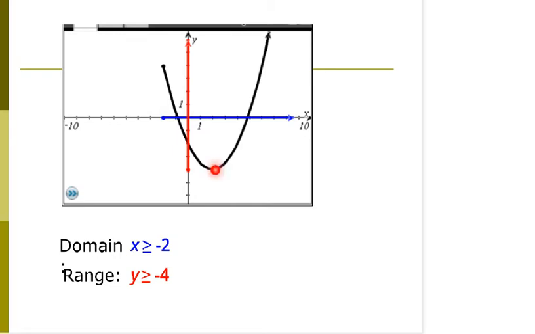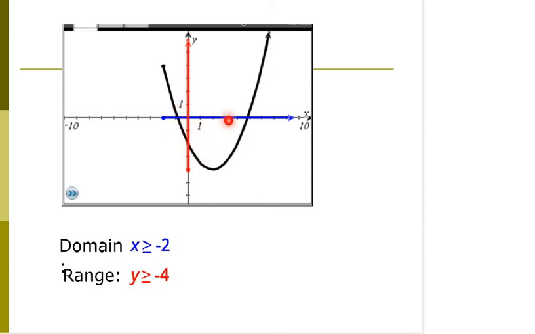For the domain, same thing. We want to see, first of all, the smallest value that we can have if there is one. So on the negative side, we'll notice that the smallest it could be is here. And there's a connection at every other x value as we go right. So the smallest that it could be, the least that it could be, is negative 2.